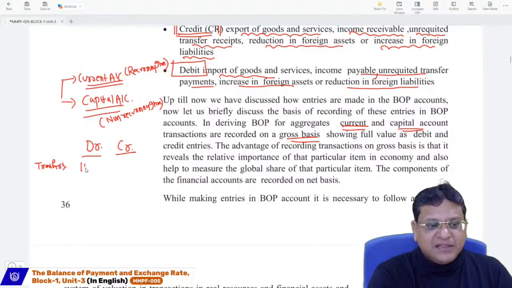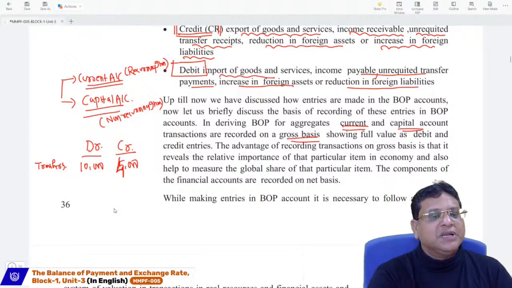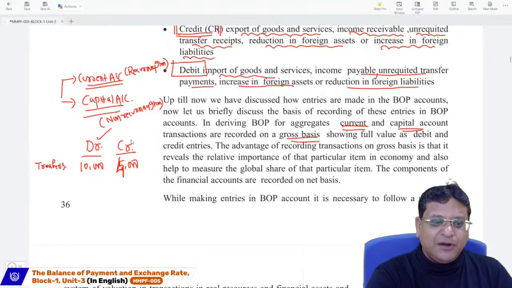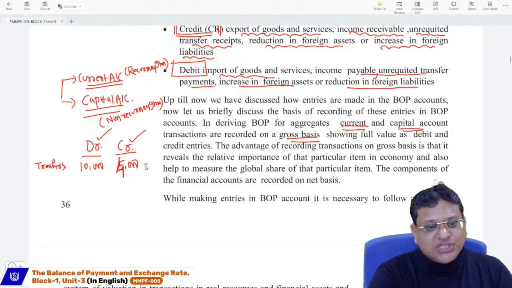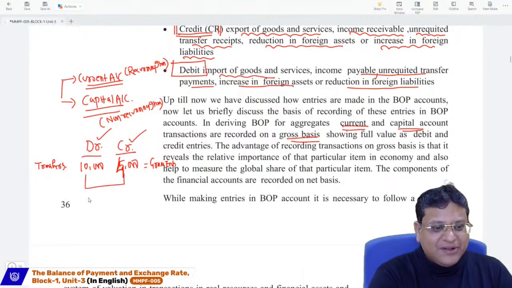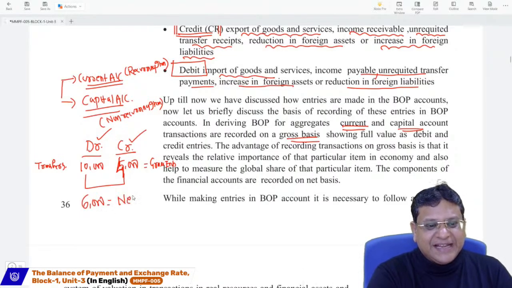Debits are 10,000, credits are 5,000. Or let's take an example, 4,000. So we will record debit 10,000, credit 4,000. This is known as gross entry. But if you net it, we will record only 6,000 debit. It is known as net entry.